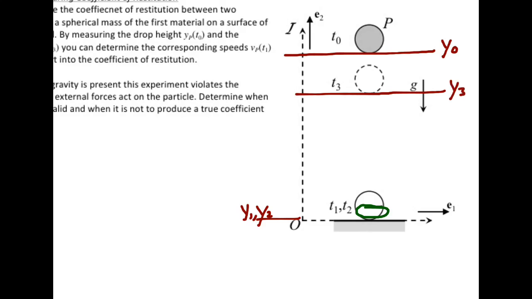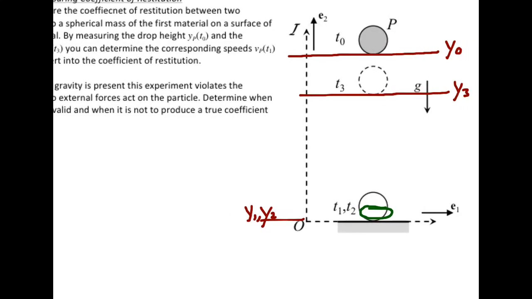To apply the results that we just derived, we need to have the speed at time 1 and the speed at time 2, and knowing these heights, y0 and y3, we can determine these using a simple energy balance, which we've done multiple times before.